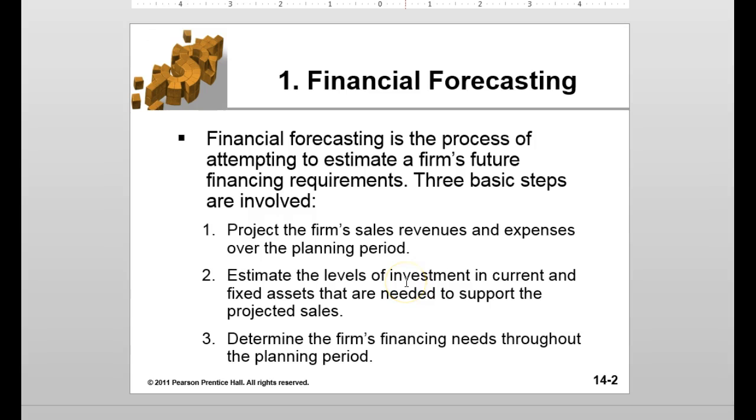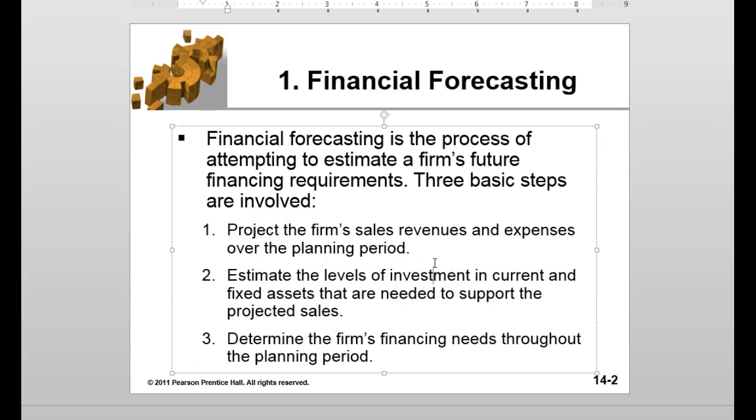We're going to estimate the levels of investment in current and fixed assets that are needed to support those projected sales, and then we're going to determine if the firm's financing needs are to be increased or what the financial needs are throughout that planning period.